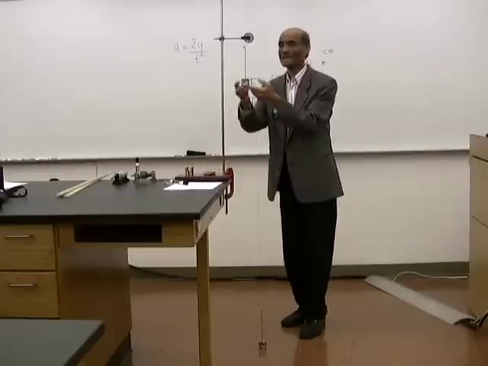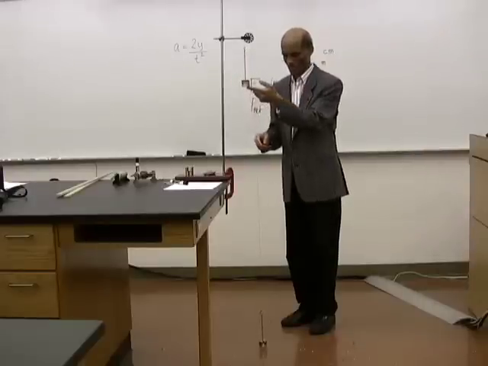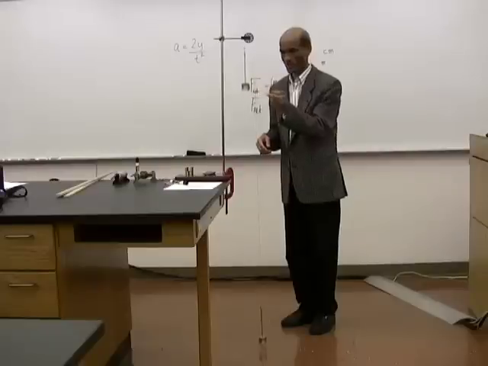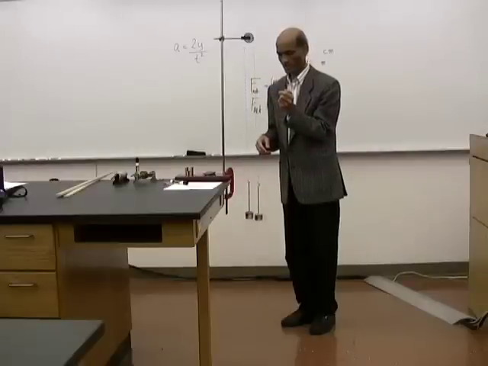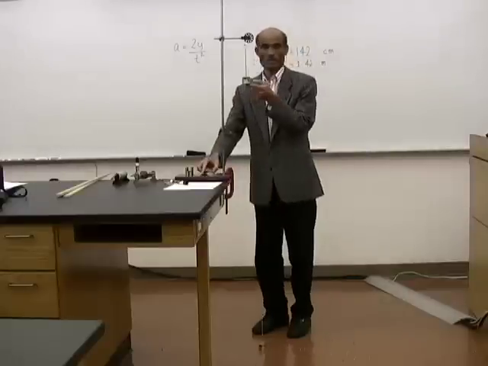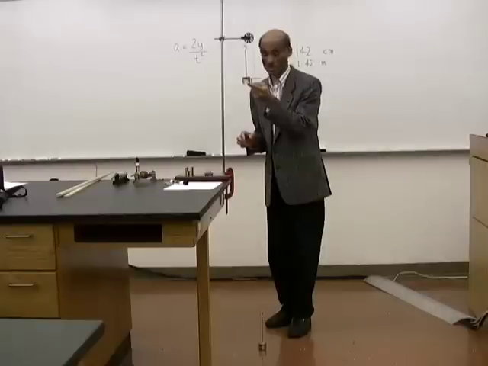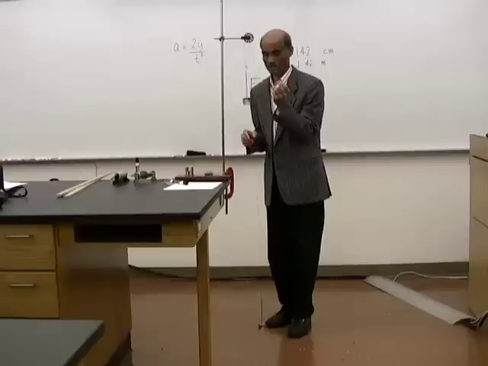Let's now do the second trial. Ready? 1, 2, 3. I'm going to give you one more trial for that particular time if you missed any of those. 1, 2, 3.